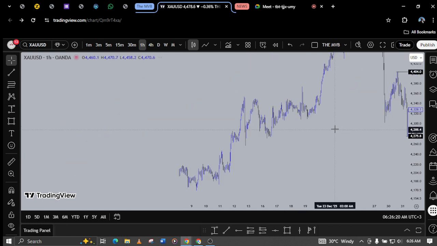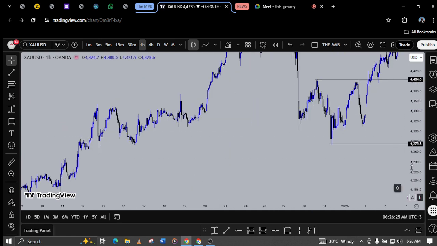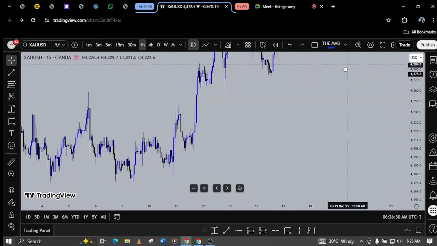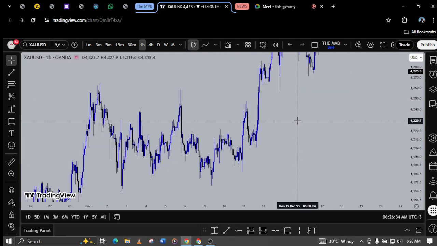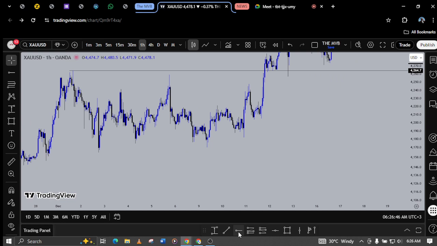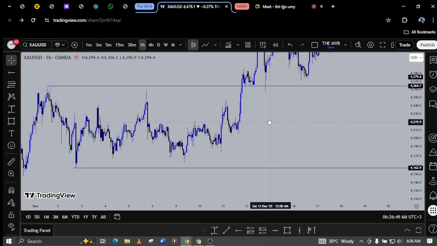Okay, I understand what you're saying there. Yeah. So you can see we had several major and minor structures where price reacts often. You can see this is our swing point area, and this is our swing low here, and in there we find the market creating minor structures inside.